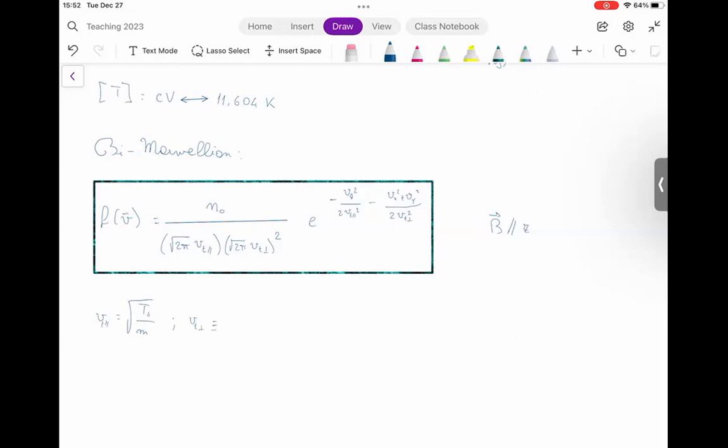This is actually a definition, the definition of this symbol, and you see that my Boltzmann constant has disappeared in here. Now, these are my thermal velocities.